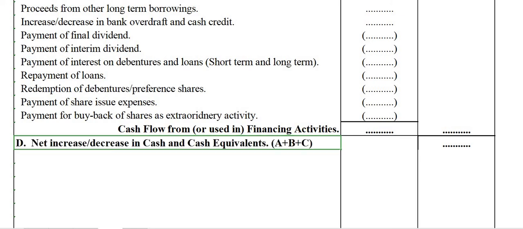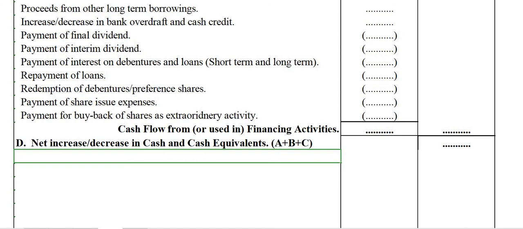That means this year whether cash or cash equivalent increased or decreased, that will be the result here. If it is increased, it will be without bracket, a positive figure, plus figure. Otherwise, it will be a minus figure. If it is a minus figure, it will be net decrease in cash and cash equivalent. If it is a plus figure, we will write net increase in cash and cash equivalent.